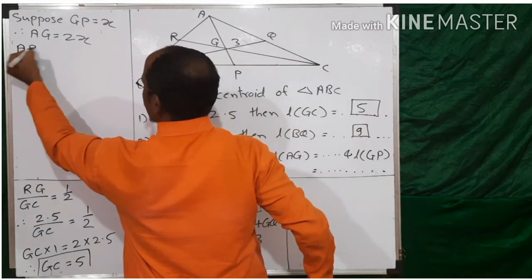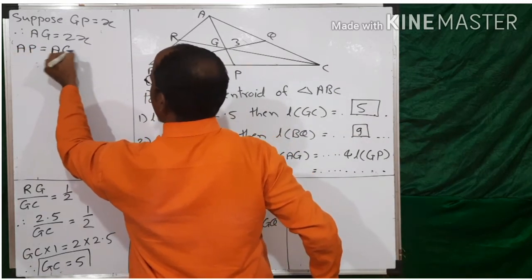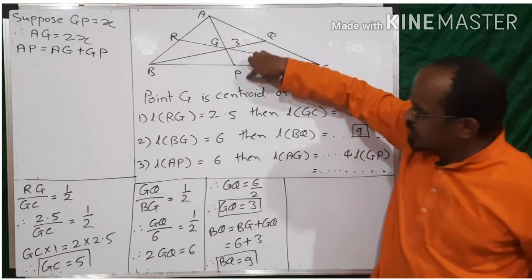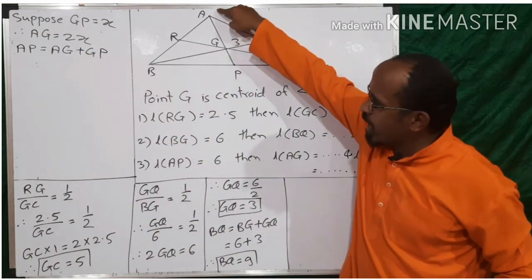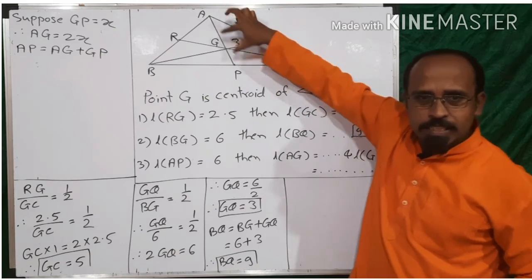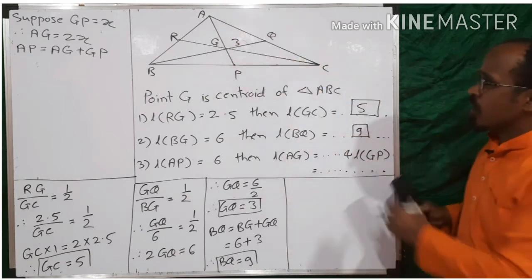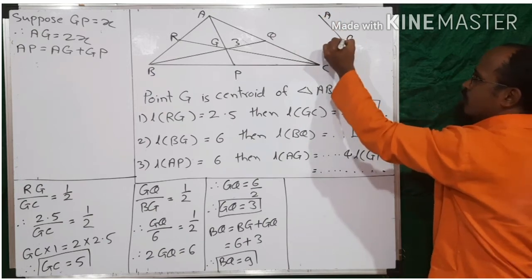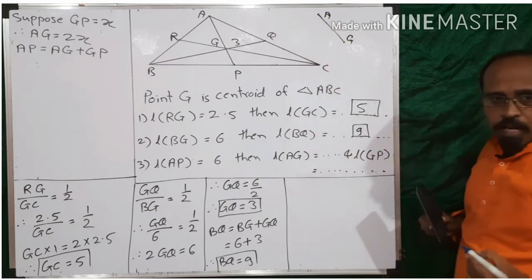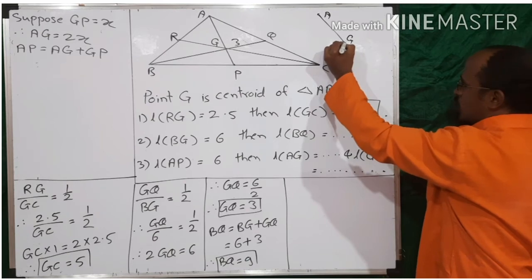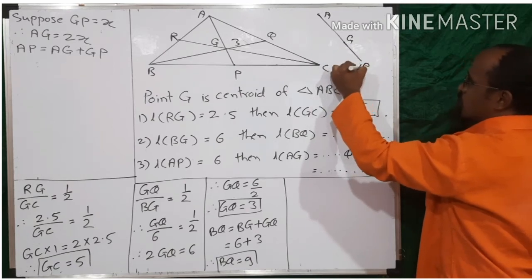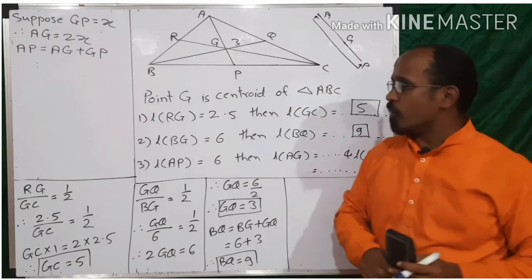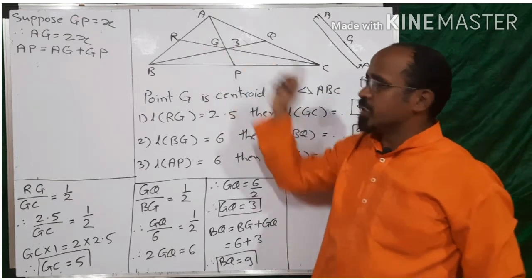Clear? AP is formed with AG plus GP. Total AP. How AP is formed? AG, you draw from A to G. After that, if you draw another from G to P, so this total will form AP, right? So these three are collinear points, therefore AP is equals to AG plus GP.